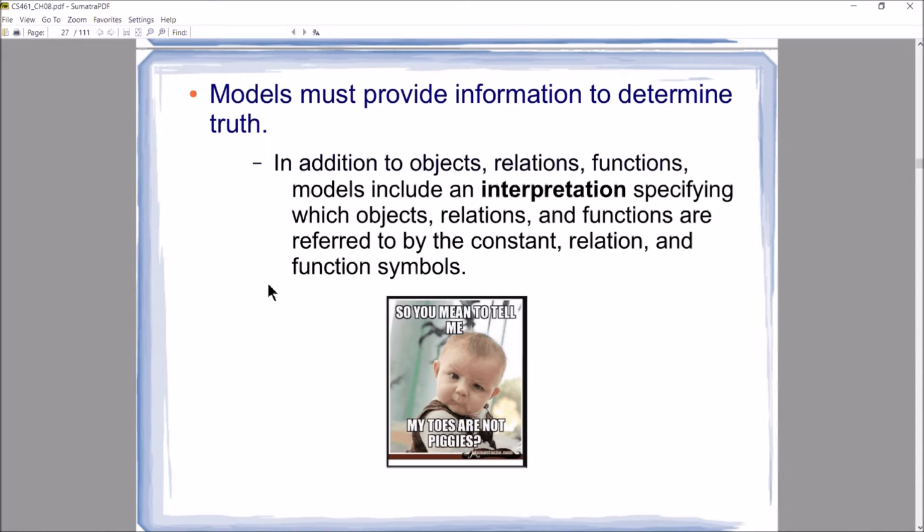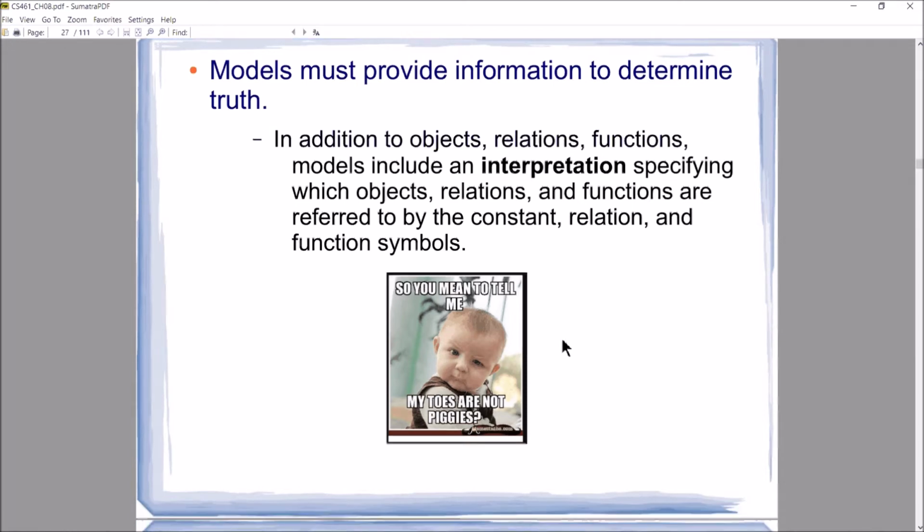So what that means is that you are basically specifying the objects, the relations, the functions. You have to grab those things and you have to specify what's being referred to by them, right? So you'll have a constant, you'll have a relation, you'll have function symbols, and then you map those onto the objects, relations, and functions within the model. And it'll make sense or it won't. If it makes sense, then it's going to be true. The model will be true. If it doesn't, then it's not a valid interpretation. The model is not true.